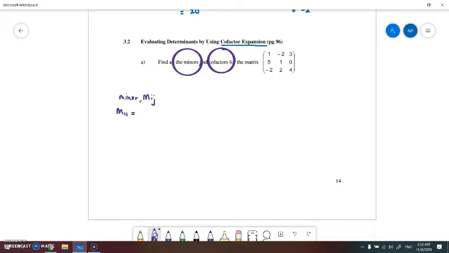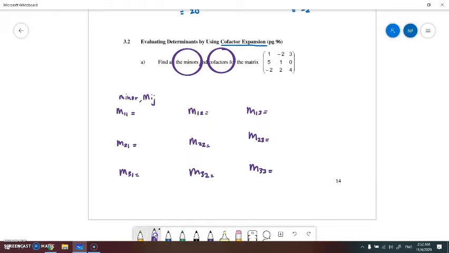So you have 9 elements, so 9 minors: first row, first column, then second row, first column, then third row, first column, then first row, second column, then M22, then M32, and then first row, third column, M23, M33.